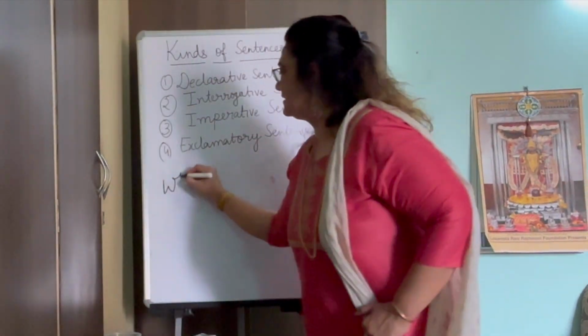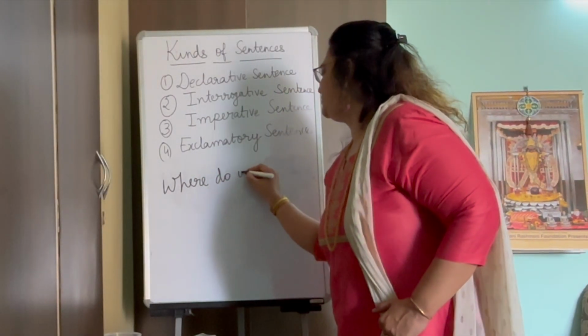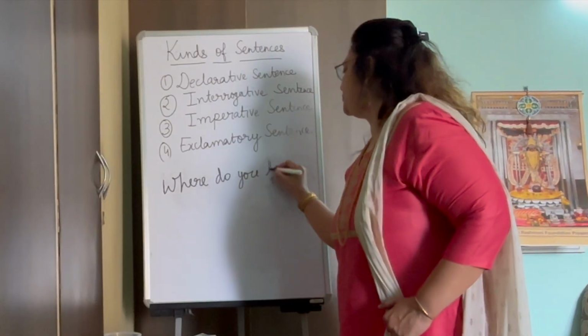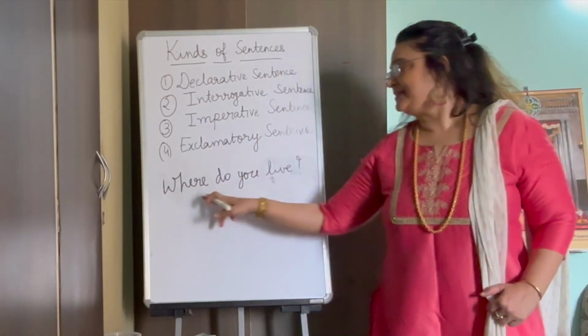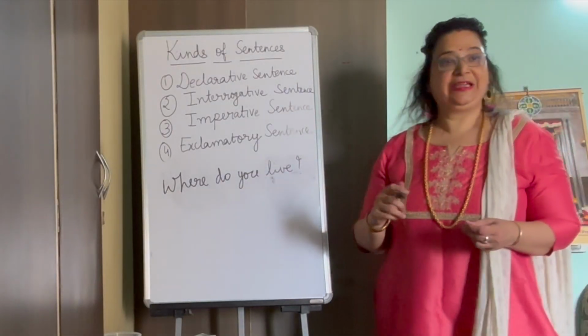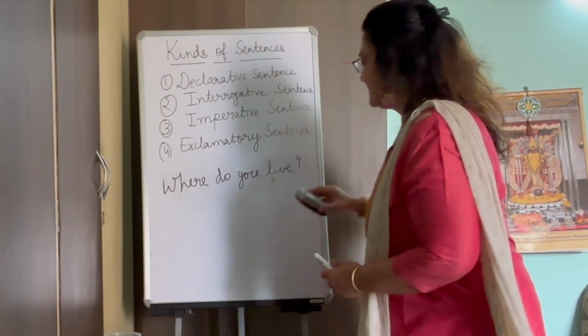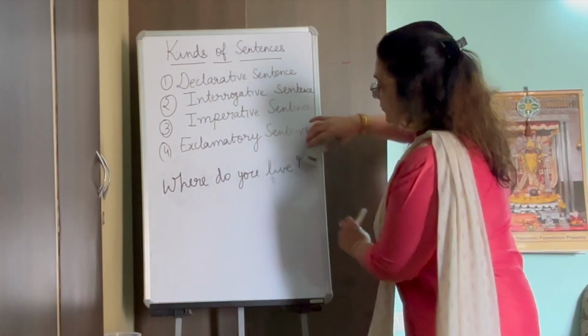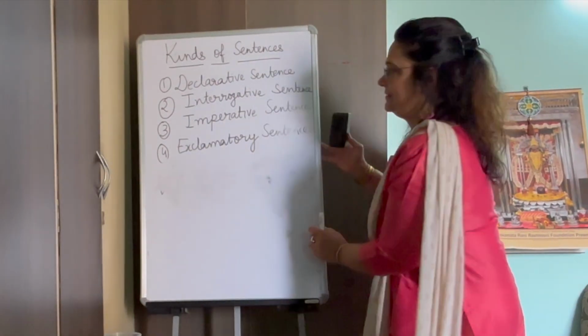You are asking someone, where do you live? So when you ask a question, that sentence is called interrogative sentence. Then we will see sentences which fall under imperative sentence.